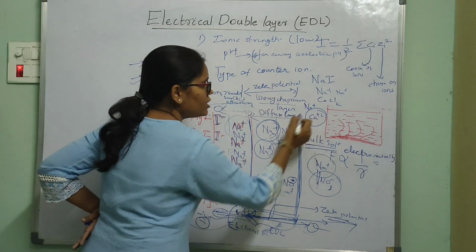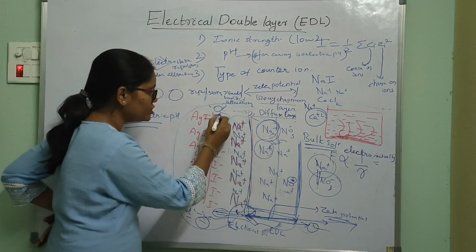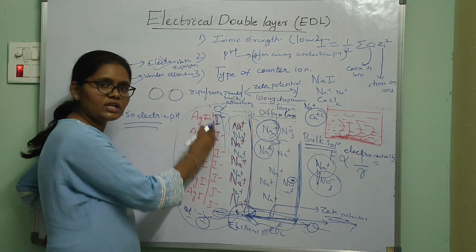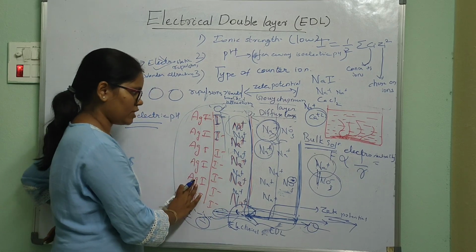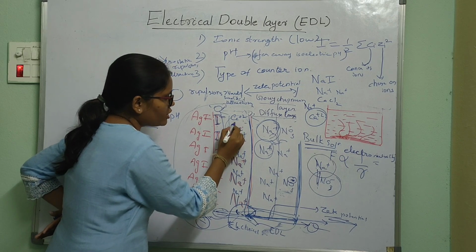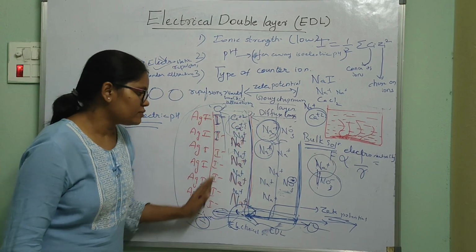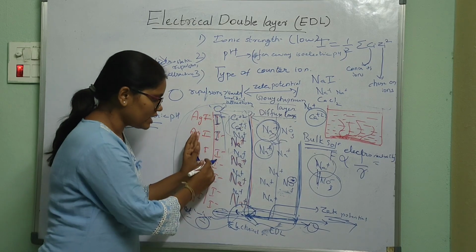So this will be more capable of neutralizing the negative charge on the surface of this colloidal particle. So when this is surrounded by calcium ions, more negative charge on the colloidal particle will be neutralized.